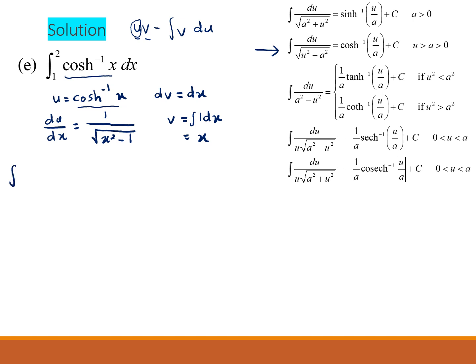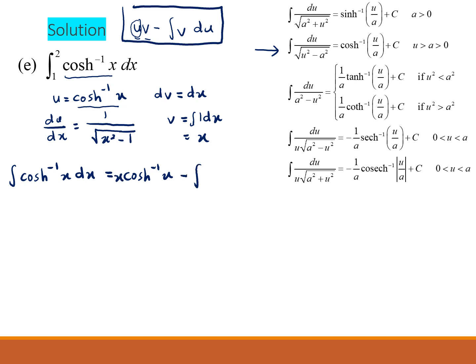Now we can solve the integral of inverse cosh x dx, where we use this formula. So we substitute u with inverse cosh of x times v, which is x, minus the integration of v, which is x, and our du is this.